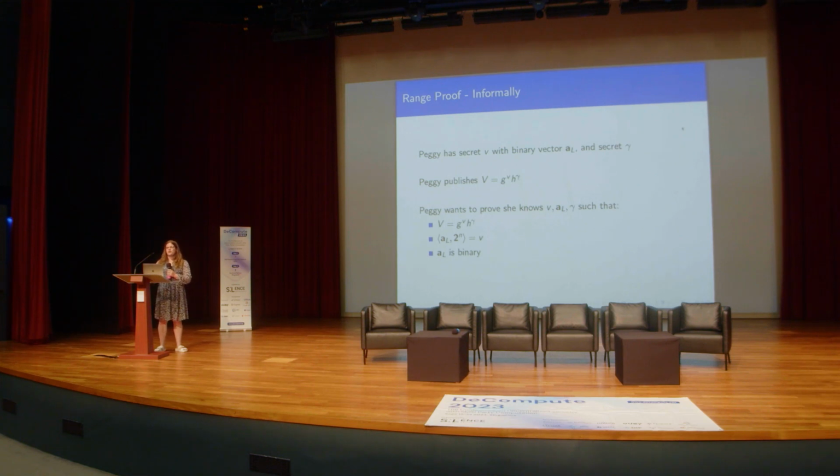So she needs to show that A sub L is not only a representation of V, but a binary representation of V. And those are the three things. And if you can prove those three things, you've essentially proven that the value that Peggy committed to has at most n bits.